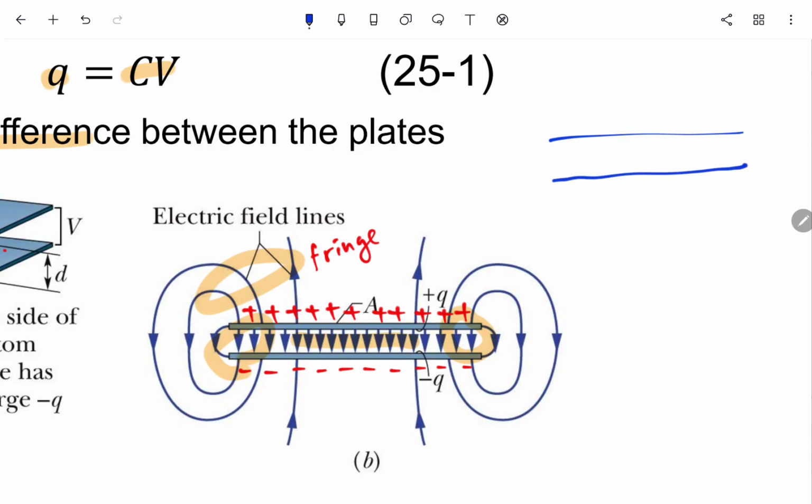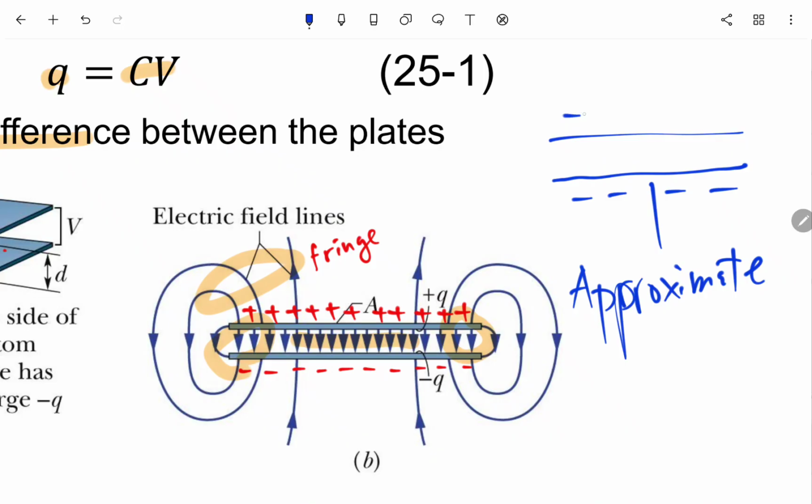Usually we try to approximate it as follows: suppose we have a negative plate and a positive plate. We will assume that in this whole region we have a constant E field.